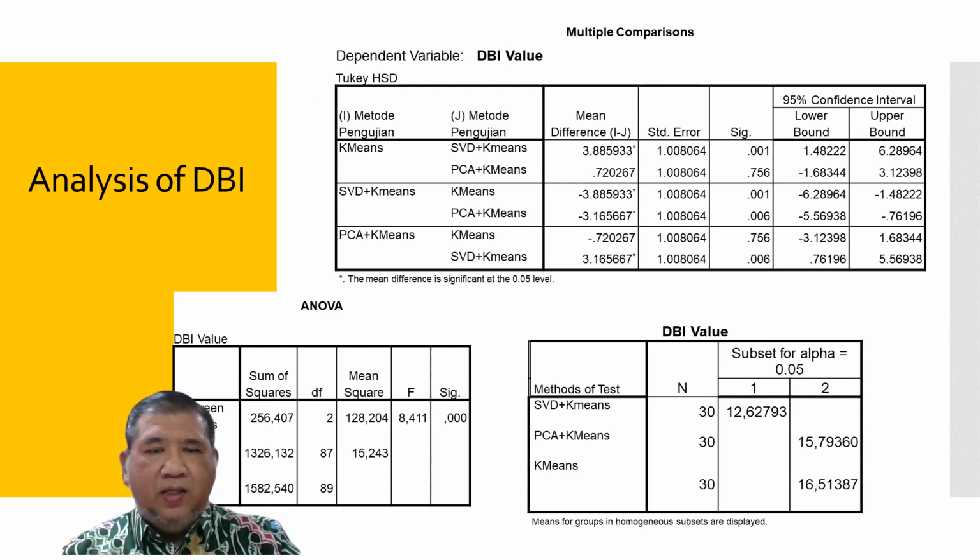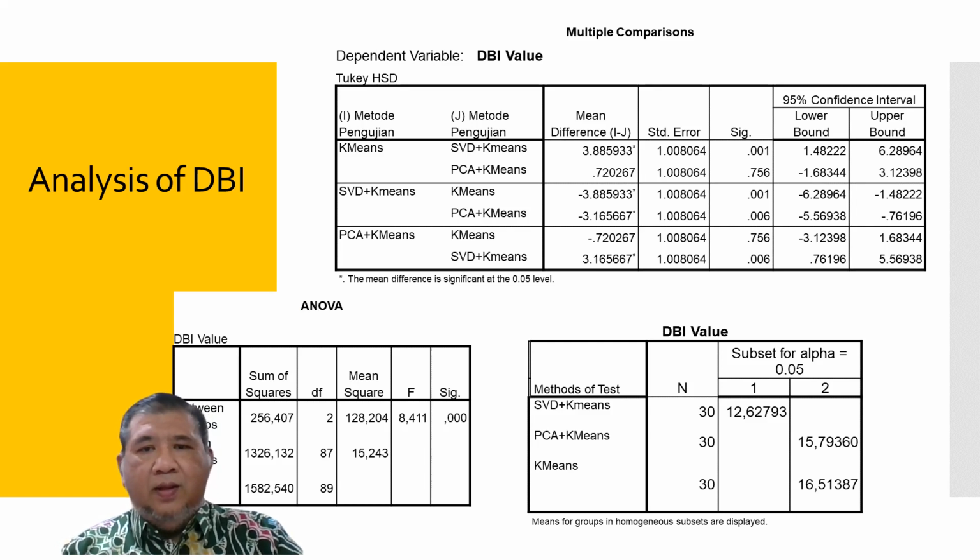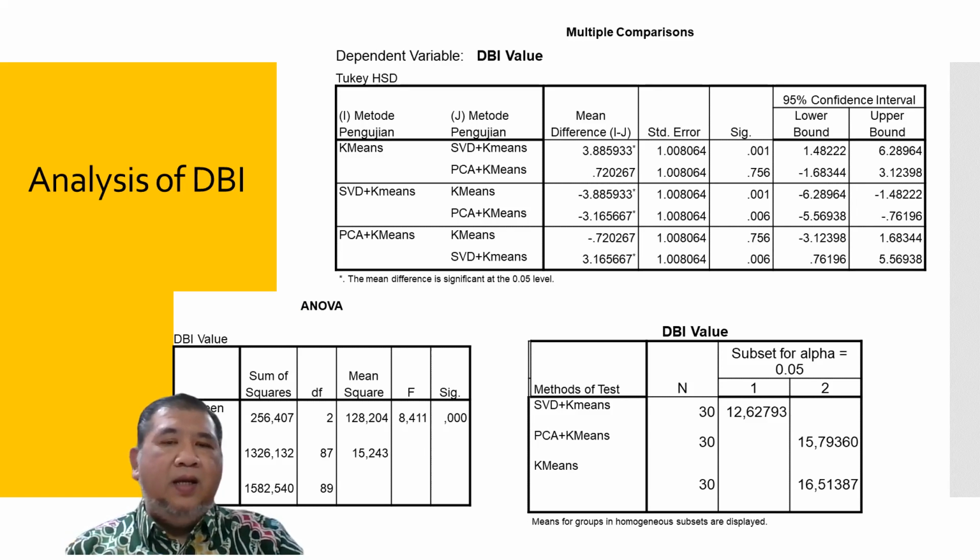We find that SVD is significantly different from K-means, but PCA, although it got a smaller number of DBI, statistically has no significant difference.